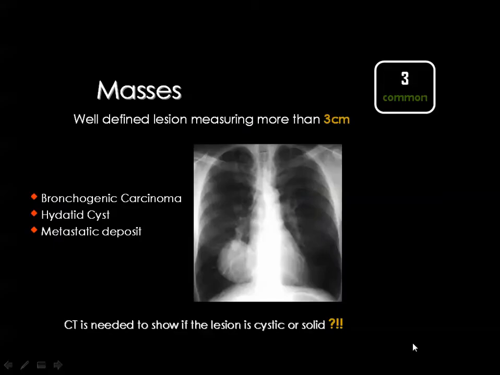Then we finish the nodules, and the question is: ask yourself, is there any nodule in the lung that is common in clinical practice, so as to be seen once per year during your clinical practice?